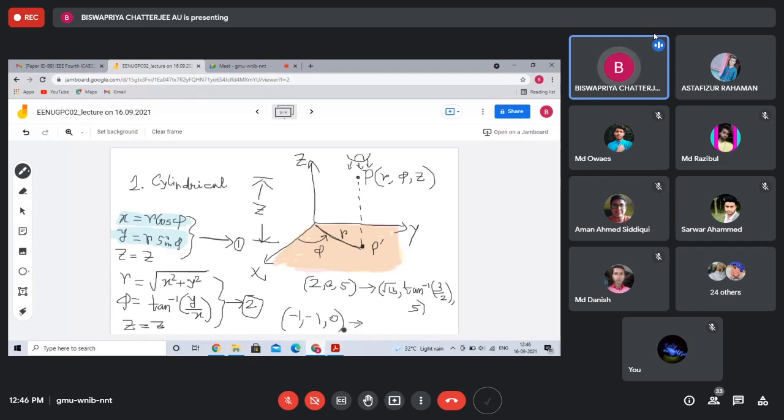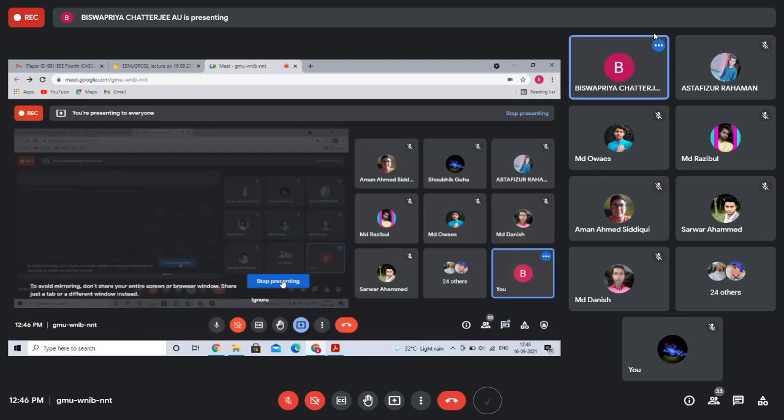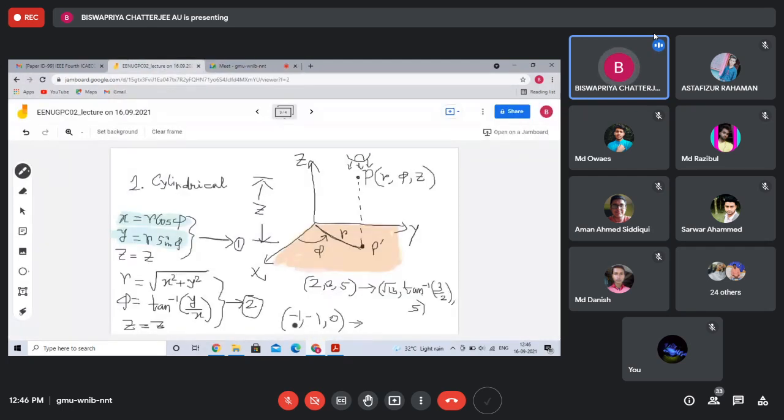Now what will be its equivalent? If a point is given as -1, 0 in a Cartesian system, what will be its equivalent position in the cylindrical system? Can anybody give me the answer?